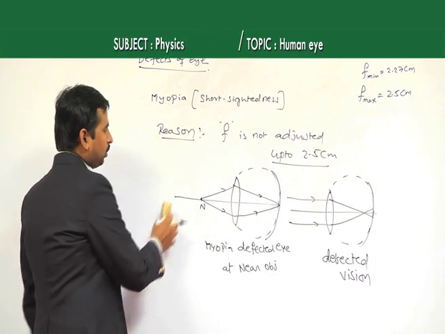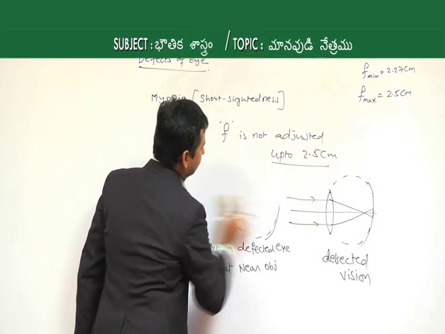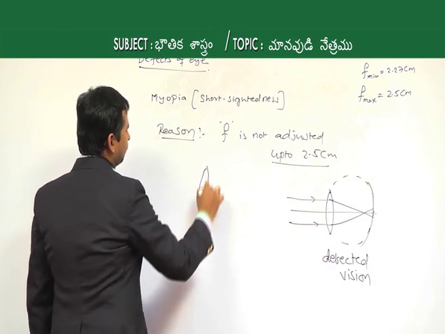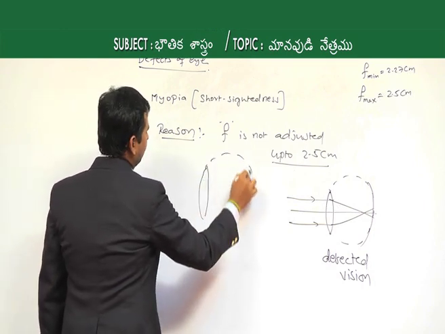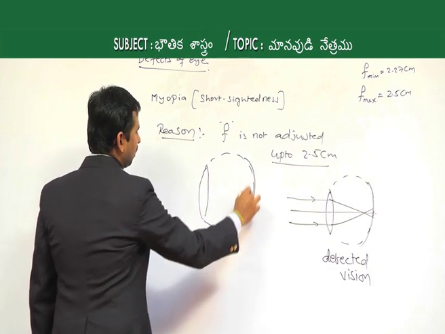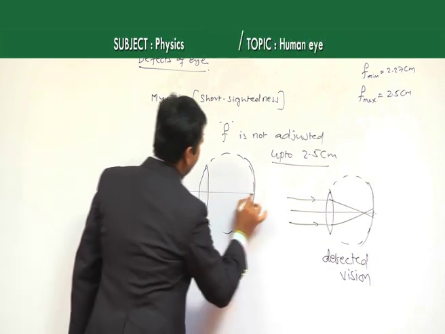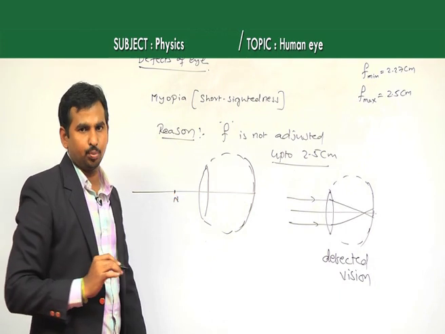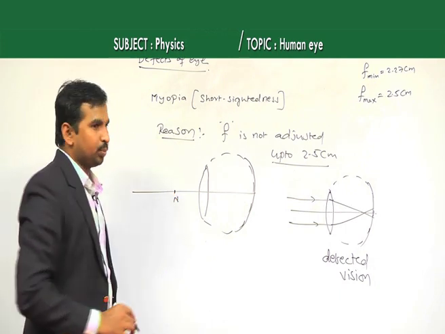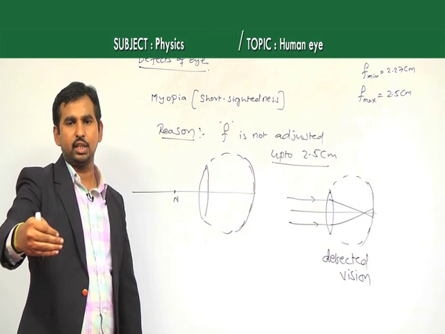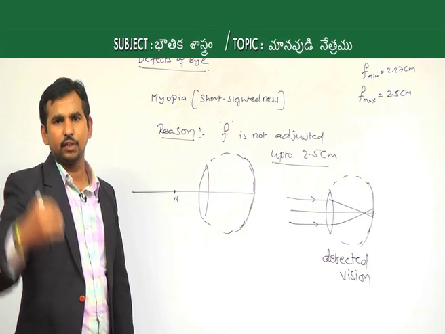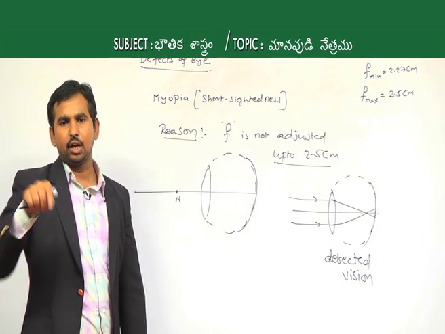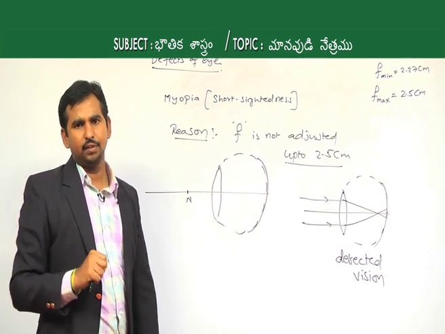For example, let us suppose like this. If this is the eye lens and here you are having the retina, and the light rays we are taking now. Here this is the near point, so no problem for this near point distance. We are having problem with far distant objects, which means actually for infinity.